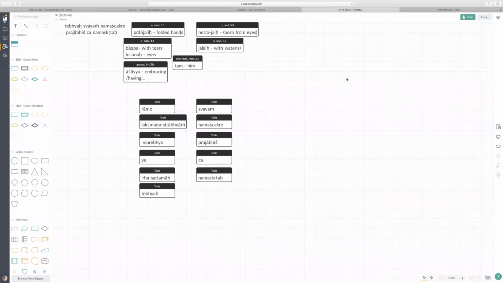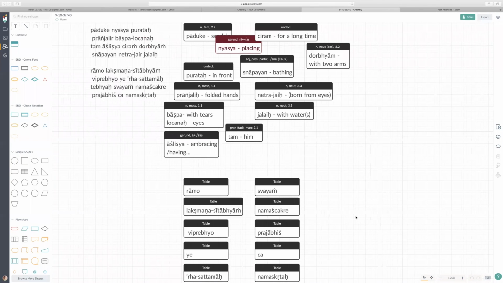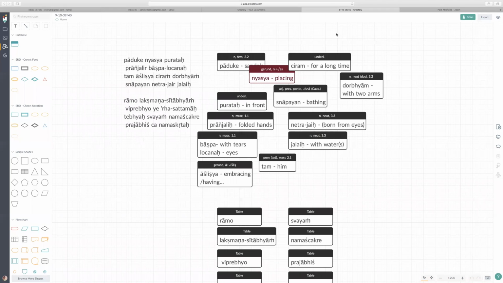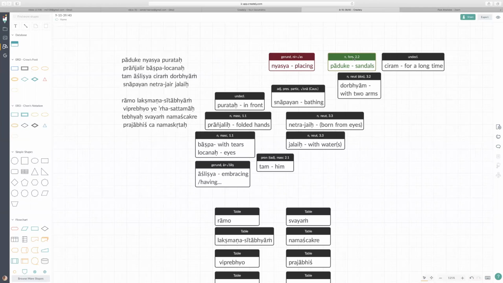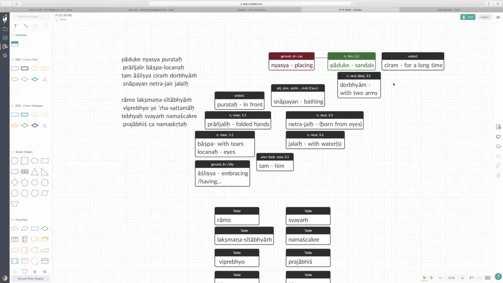No, there is no main. No main kriya. Nevertheless, we can still connect whatever we have. Placing what? Paduke. Placing the sandals, again, that were talked about in the previous verses also. So who is the subject?